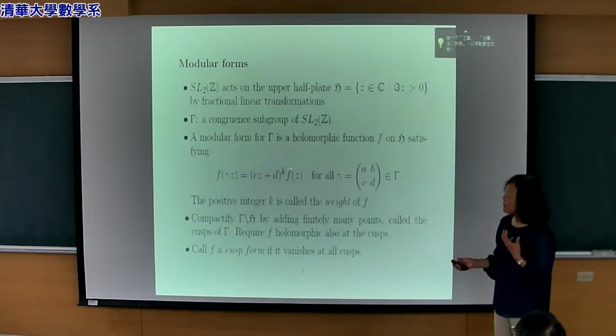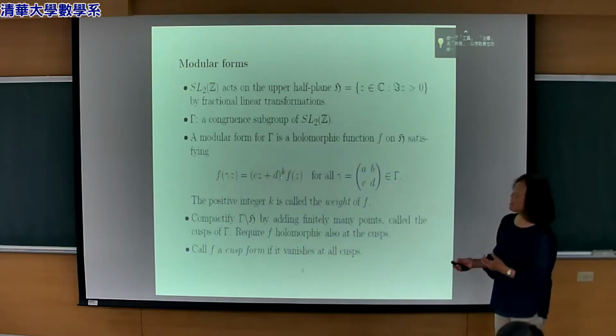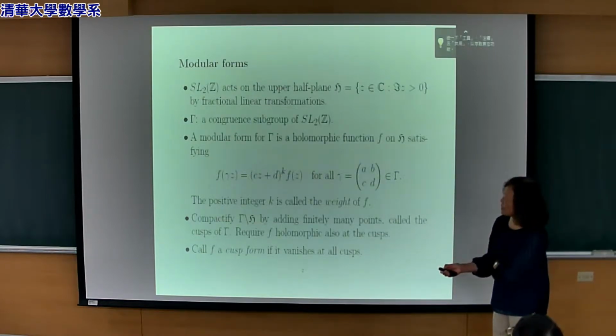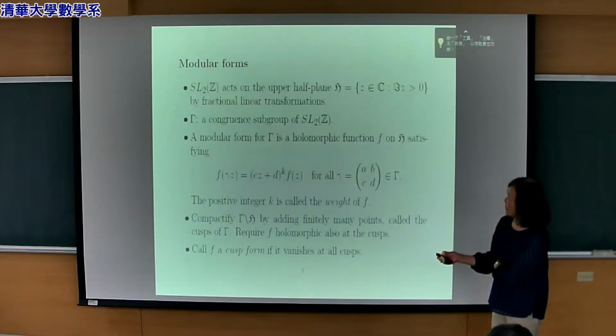If we go beyond that, the next step is to assume a relationship: f of gamma z and f of z differ by the factor cz plus d to the k, where c and d come from the second row of the matrix gamma. Here k is fixed throughout for this form f.